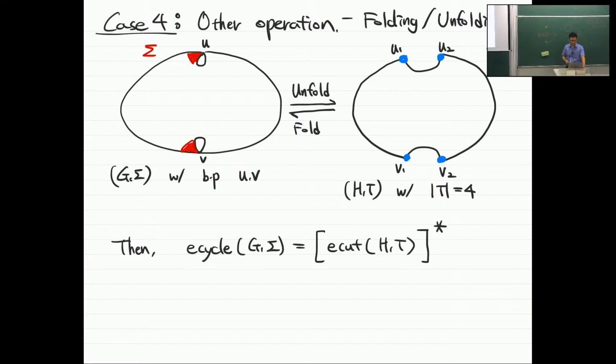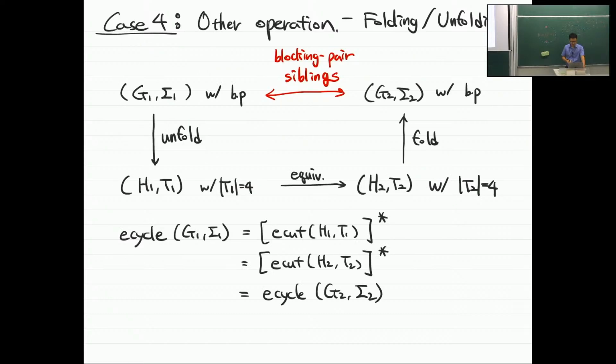So how can you use this operation for generating another representation? Here's how. We start with G1 sigma 1 with a blocking pair, and after we unfold, we have H1 T1, where T1 has 4 vertices, and we can apply some two flips to get H2 T2, and if we are lucky, the size of T2 is 4.